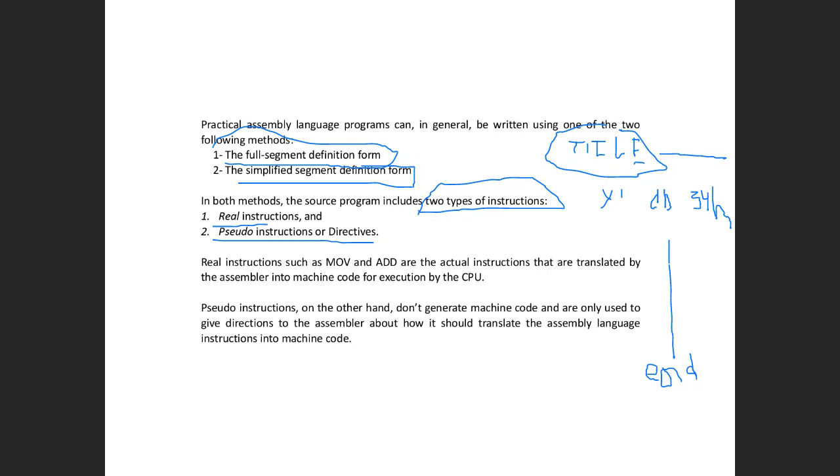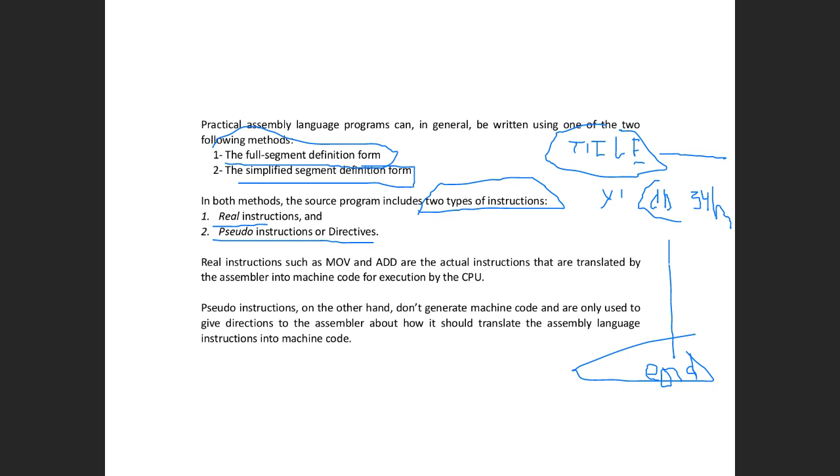So these are some examples, like title, DB, and END. These are not the important part of the program. Even without them, can you remember in a hex code, when we check the binary code in a hex format, comment is a totally different thing.